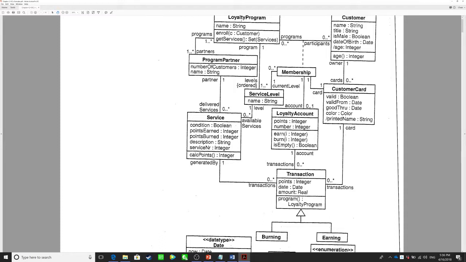Okay, so suppose this is a company with this system, and this system is used for different loyalty programs. Let's assume the company has a lot of servers. How many instances do they have? How many instances of the loyalty program do they have?